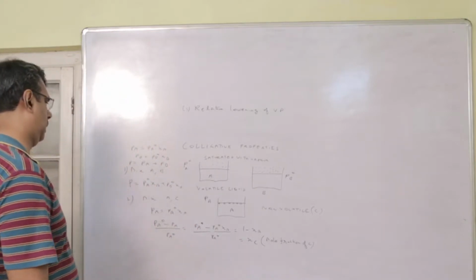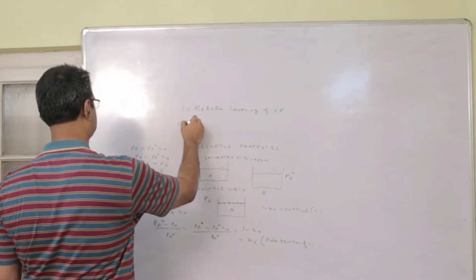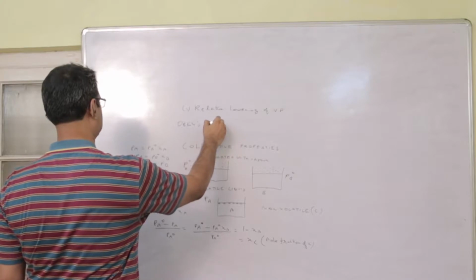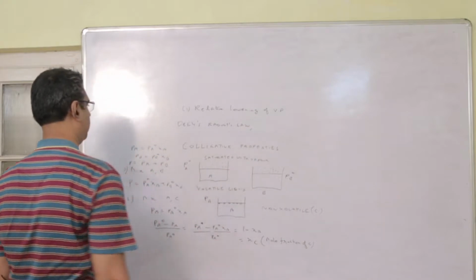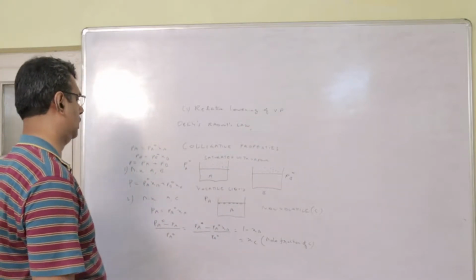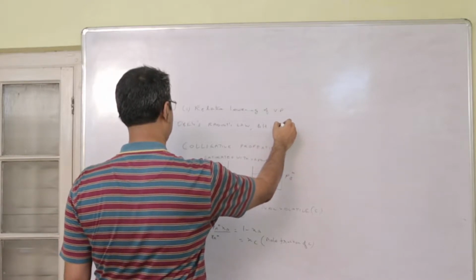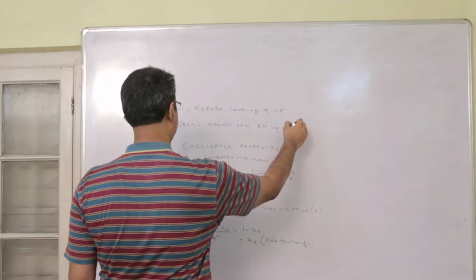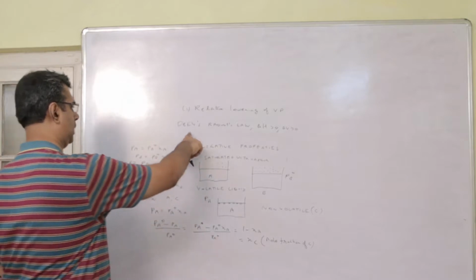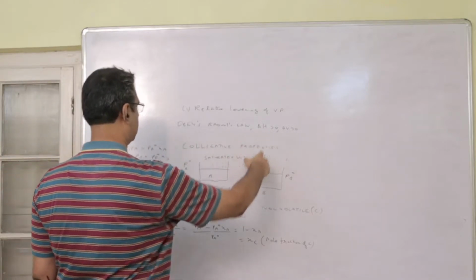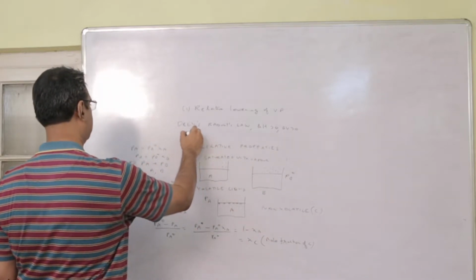Now, a solution which obeys Raoult's law, and its formation is not accompanied by any enthalpy change or volume change, is called an ideal solution.